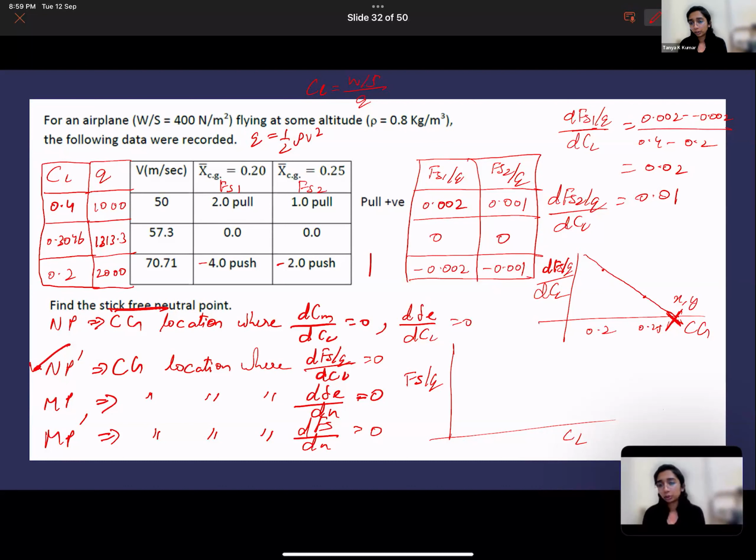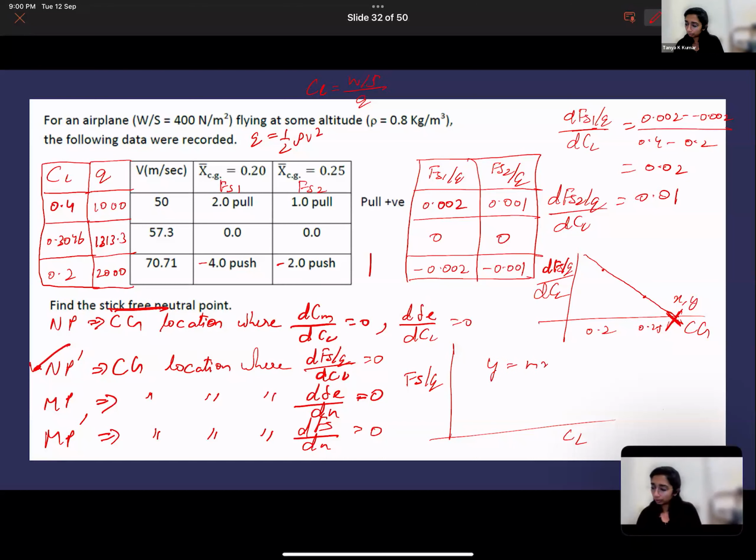You have 2 points of an equation. You can't find the third point. There are different ways to define a line, right? So one is y is equal to mx plus c.